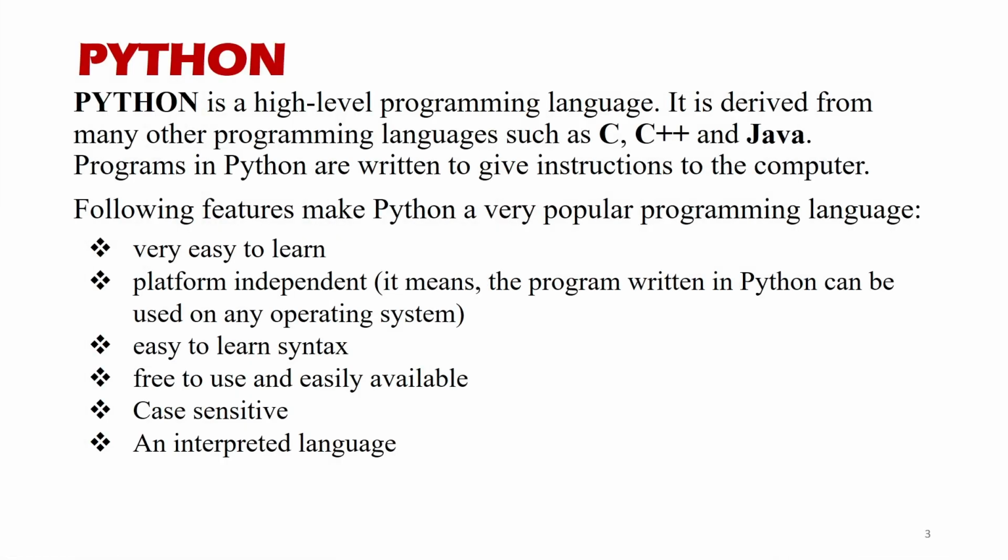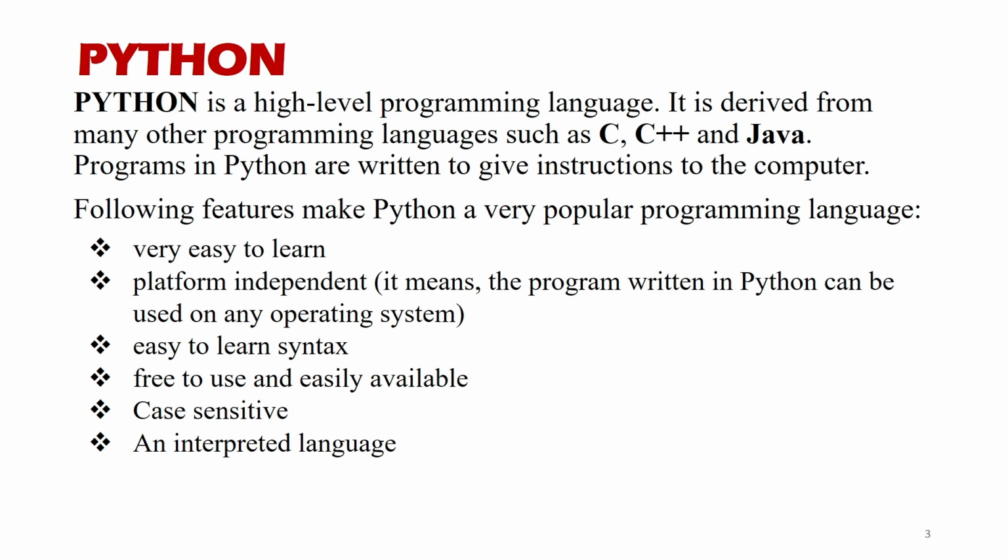So, Python is a high-level programming language. What do we mean when we say high-level programming language? That means it uses very simple and user-friendly English to write its code. It is derived from many other programming languages such as C, C++, and Java.